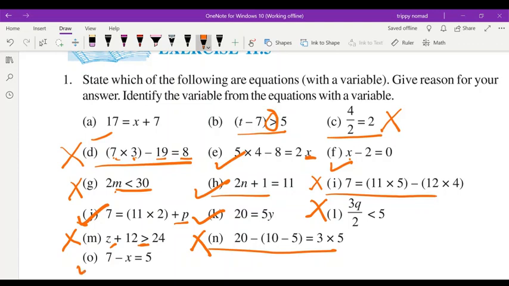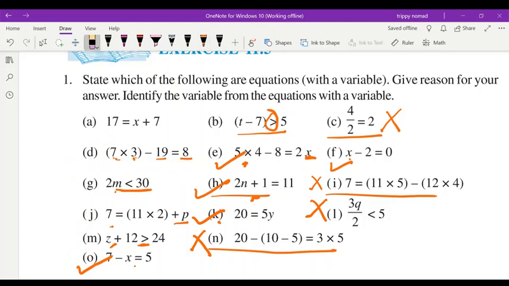O is an equation. So which ones are equations? A, then E, then F, then H, then J, tick mark, then K, then O. I hope you understood children.